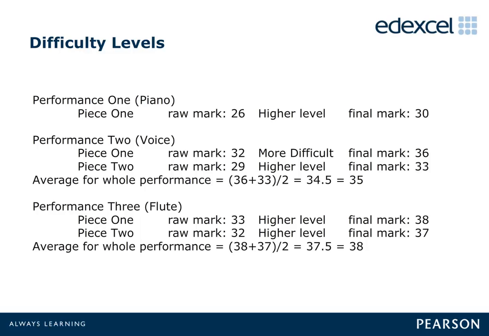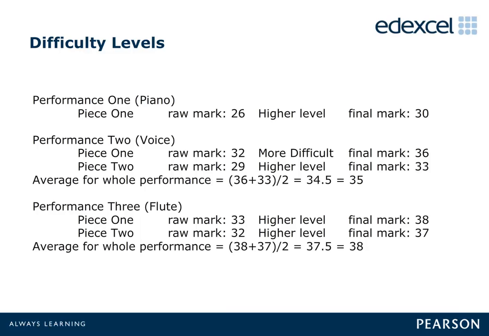Difficulty levels. We can now see how difficulty levels affect the marks for the performances we have assessed. In Performance 1, the raw mark for the piece was 26. This is a higher level piece, so it is scaled up to 30 marks due to the difficulty level. In Performance 2, the first piece is more difficult level, so its raw mark of 32 is scaled up to 36 marks.